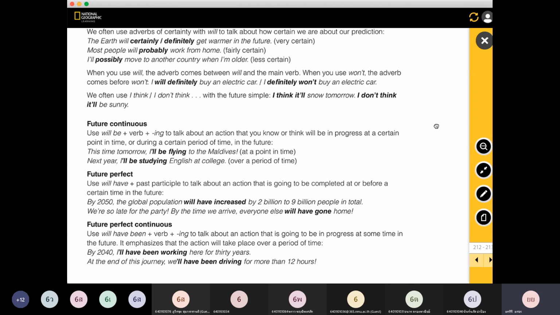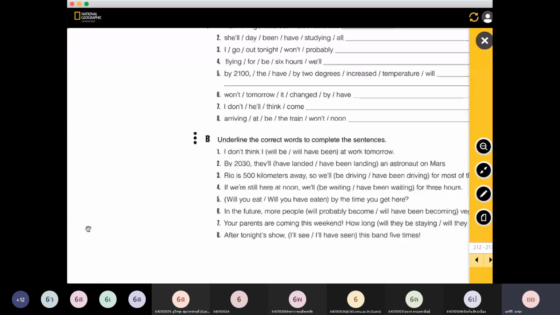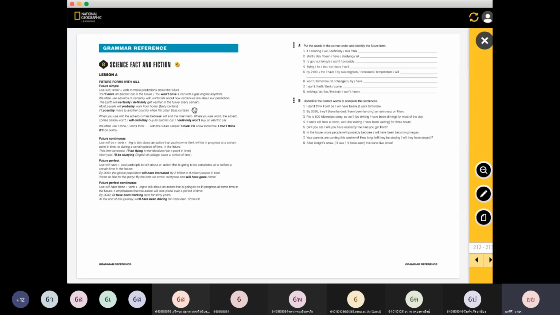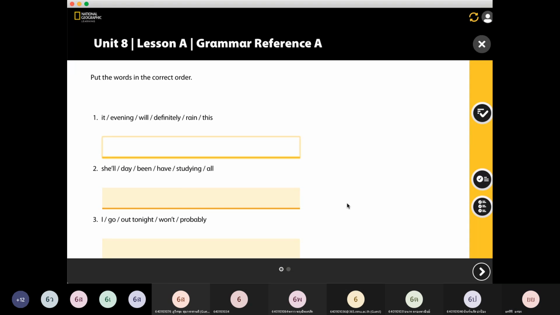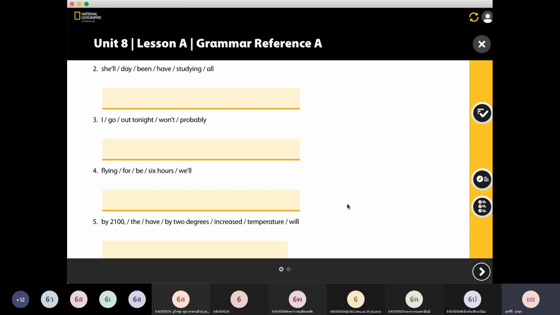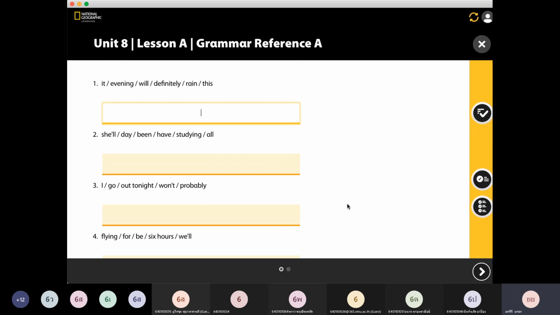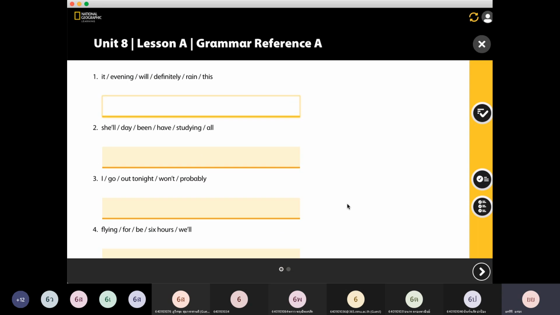Let's have a look and do the exercise a little bit. We can start with this one: put the words in the correct order. There are eight sentences.